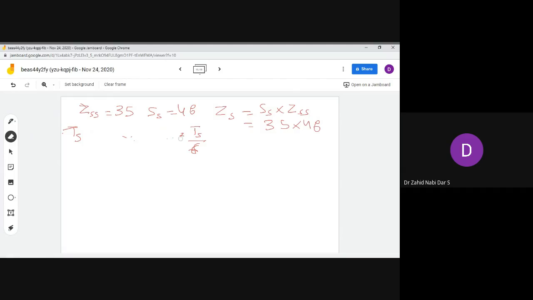Your number of conductors ZS would be equal to 6 times TS for three phase. So 35 into 48 is equal to 6 times TS. From here you get the value of TS, around 280 after this calculation.